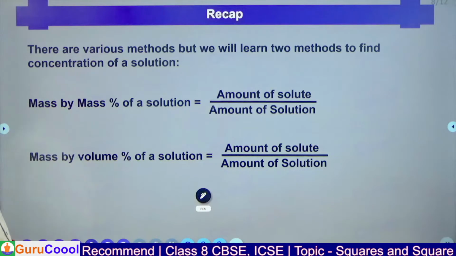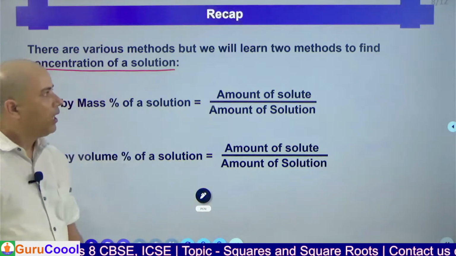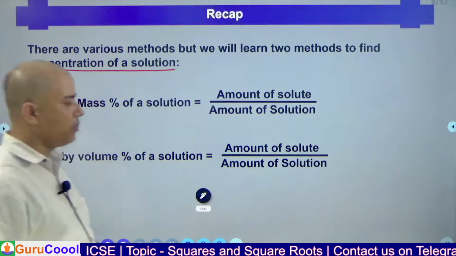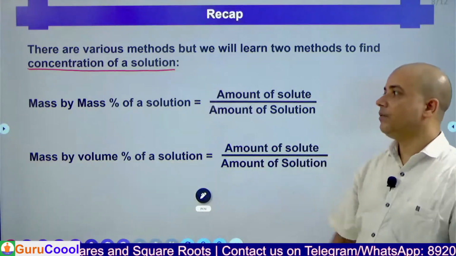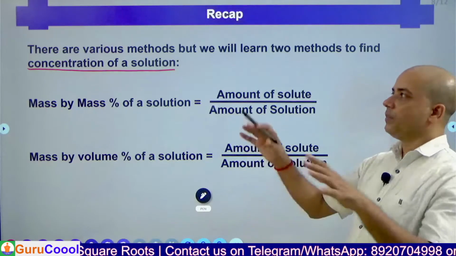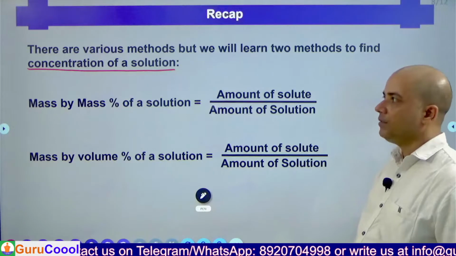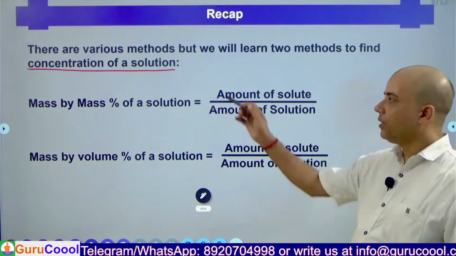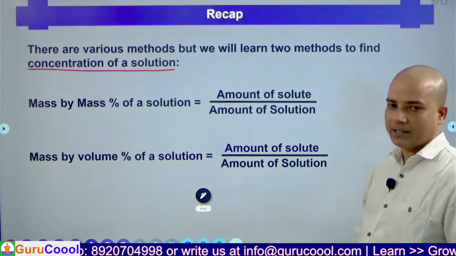Concentration of a solution. Actually, it is suggested in our NCERT book that concentration can be found by various methods. But in our syllabus, only two methods are suggested. We have to take care of only two methods.